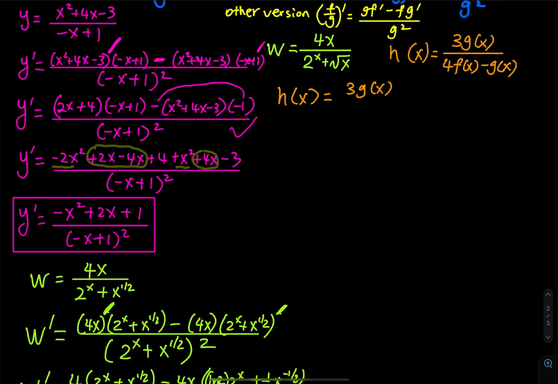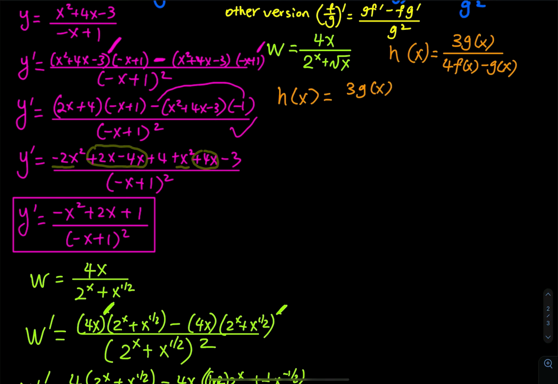Okay, let's do h prime. So for h prime, we square the denominator immediately. So that is 4 times f of x minus g of x, and then we square that. For the top, we take the derivative in order. So 3g of x times the denominator. Let's not be lazy, write the x out.